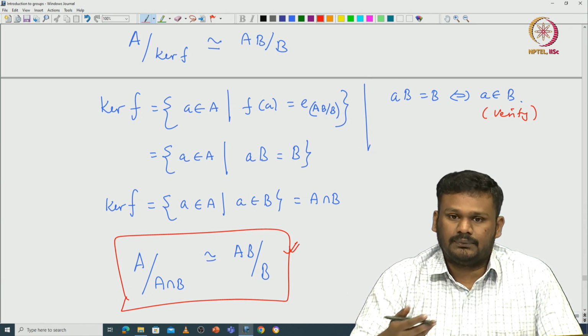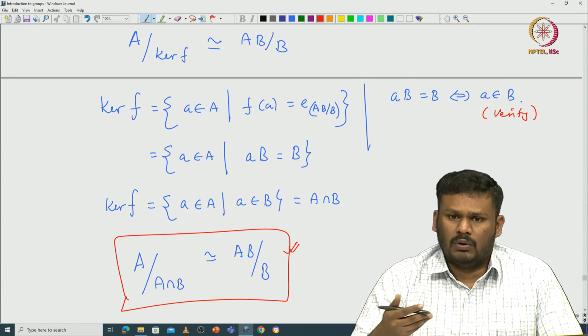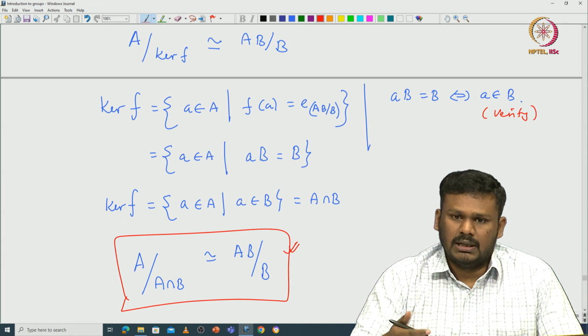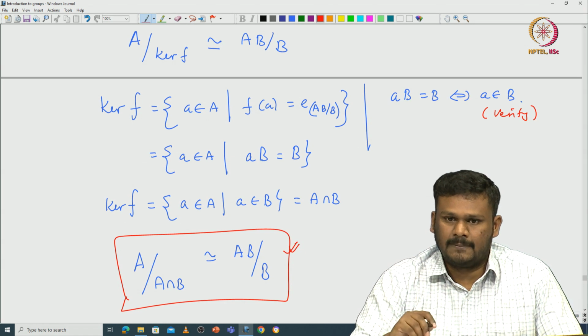Later, when you study a more advanced finite group theory course, in the classification of finite groups, these things will be used very much.